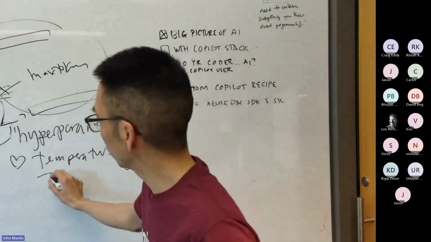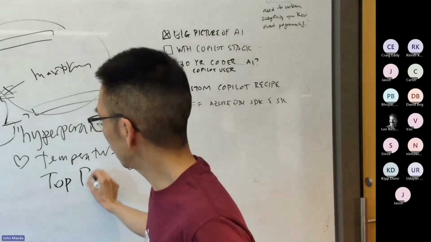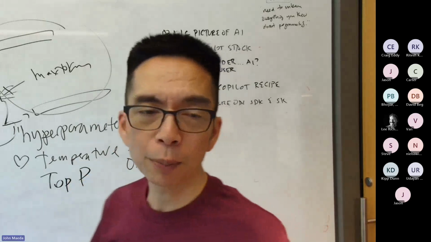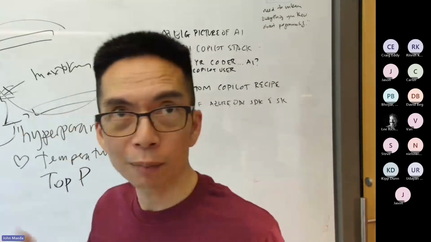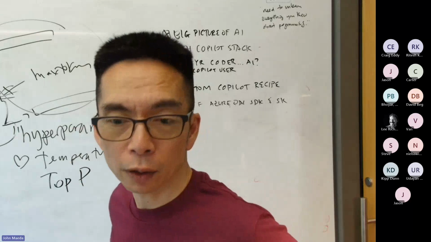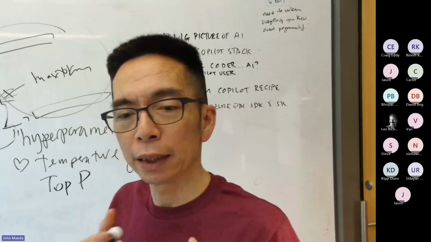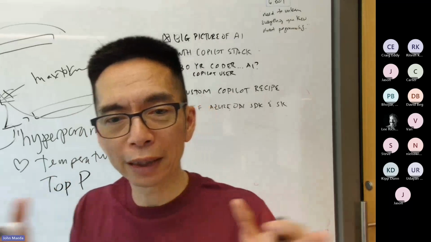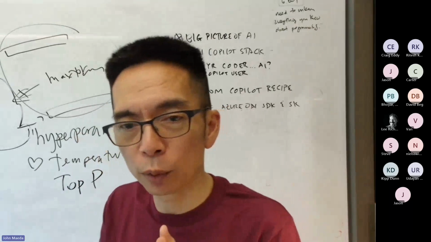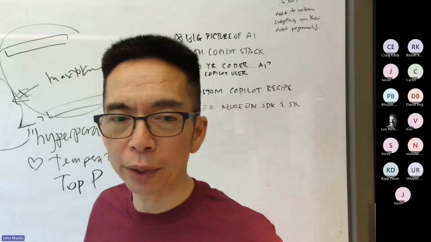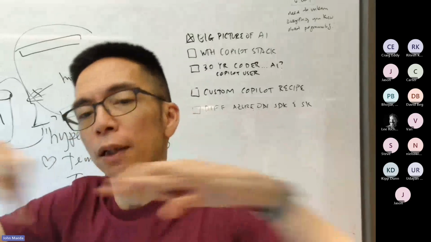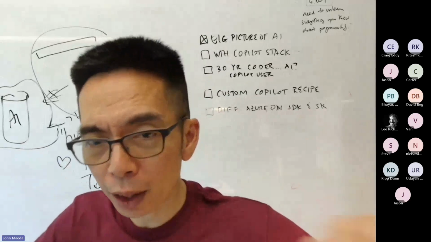There's also a parameter called top P, and top P is described in different ways. The way I learned it is top P means the word range the response will have. High top P means it's going to use lots of words, like someone showing off their vocabulary.